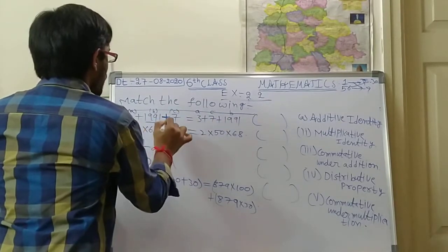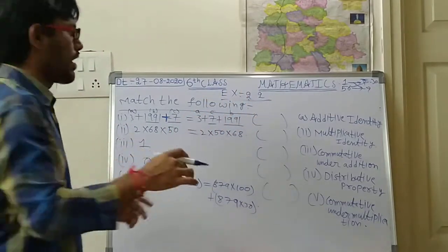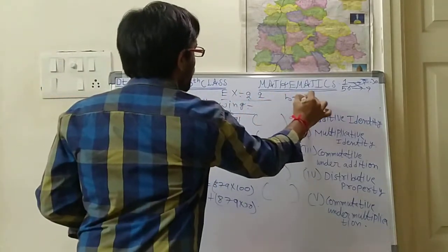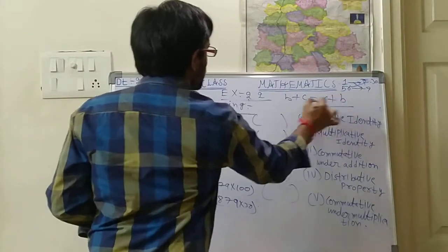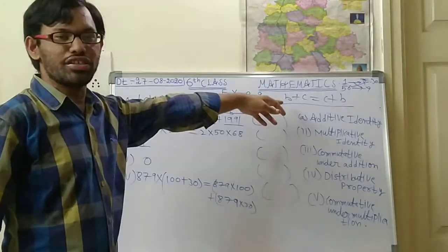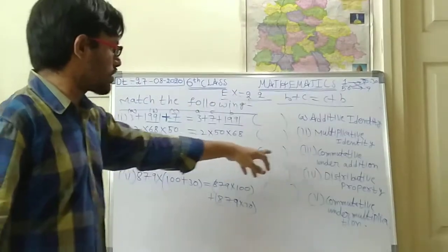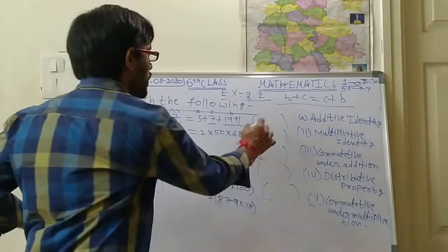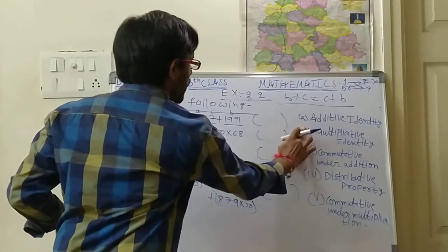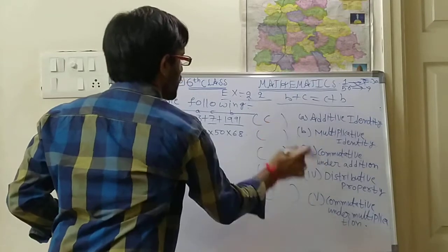So 1991 plus 7, 7 plus 1991, both are the same. B plus C is equals to C plus B. Is it right, children? So this is a commutative property under which operation? Plus symbol, so addition. So commutative property under addition, third one.